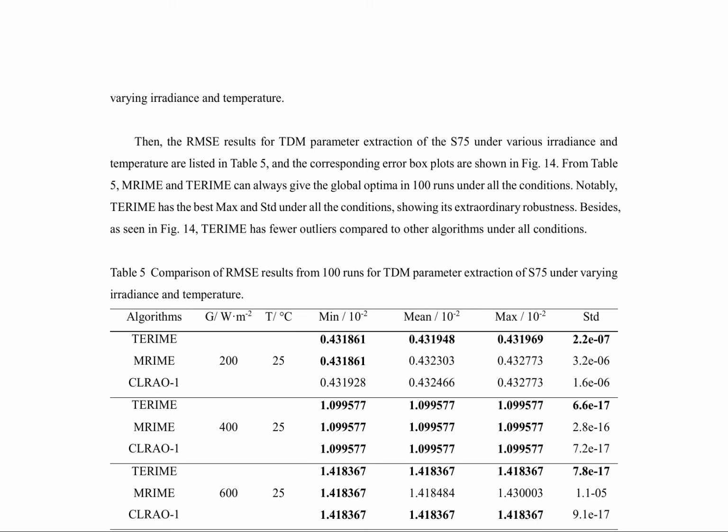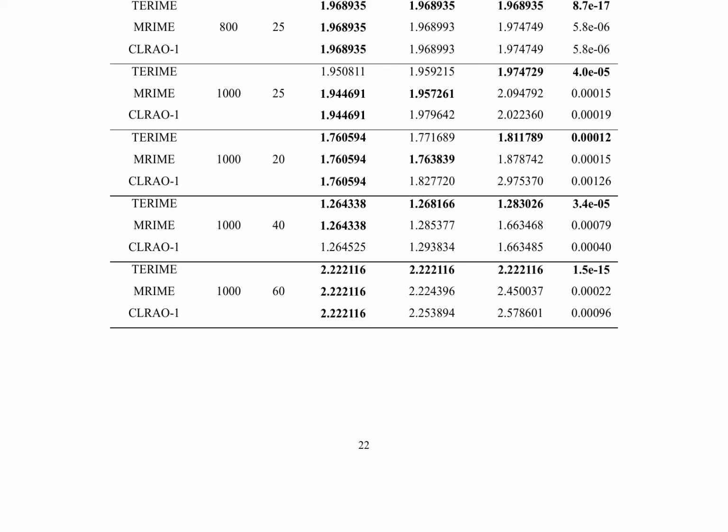This superior performance is attributed to TERIME's ability to adapt to changing irradiance and temperature conditions, ensuring accurate parameter extraction. Notably, the results highlight TERIME's resilience in the presence of outliers, which is critical in real-world applications where data quality can be compromised.